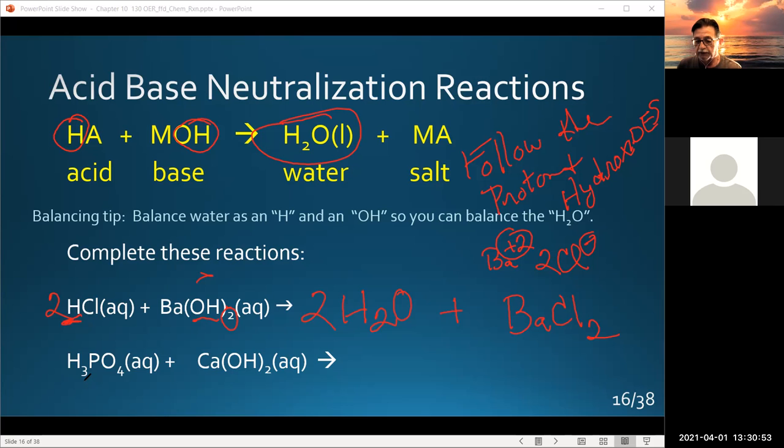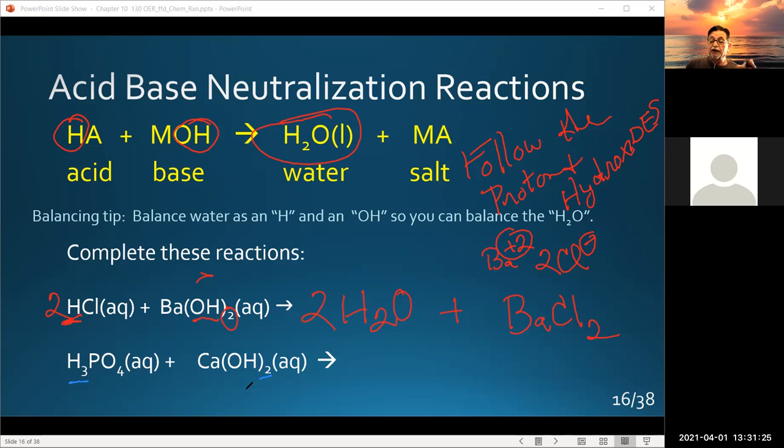That's okay, because you can see you got a hydrogen written first, like we did with HCl, and then followed by whatever is there, PO4. This is phosphoric acid, by the way. We talked about that, but there's 3 hydrogens. Then we got calcium hydroxide, the other base. That's also found in Tums, by the way.